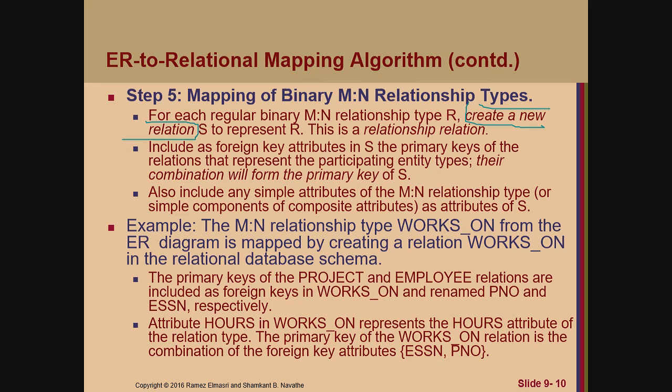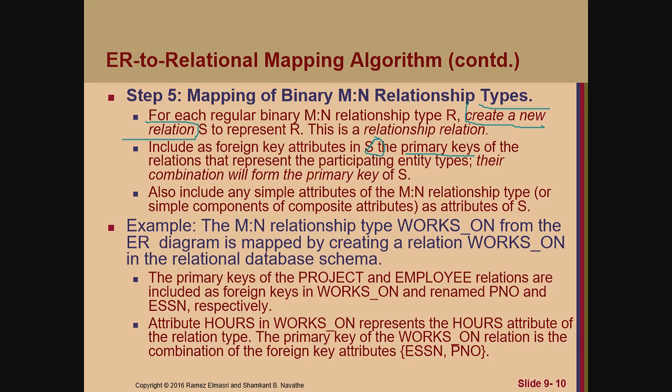Include as foreign key attributes in S the primary keys of the relations that represent the participating entity types. S is the new relationship. Their combination will form the primary key of S. If we have a new relation, we have to use the keys from both entities of the relation in combination as the new key for the new relation.